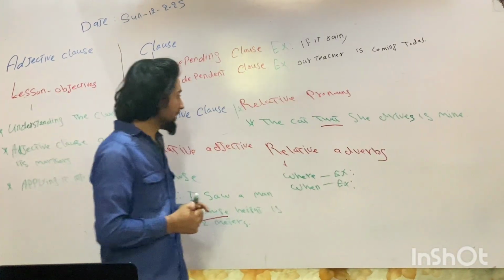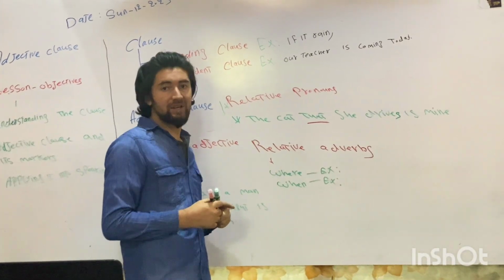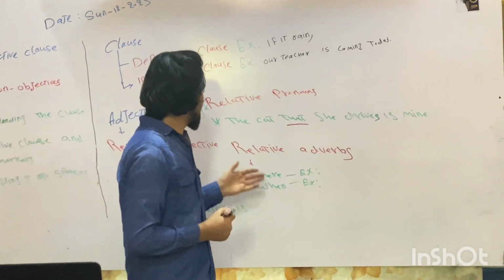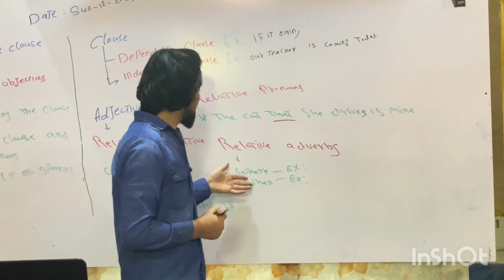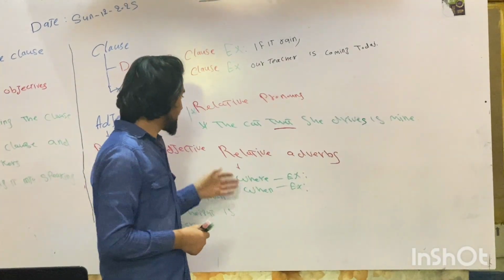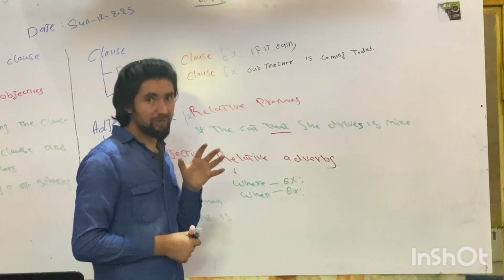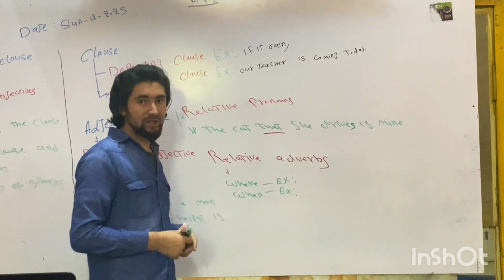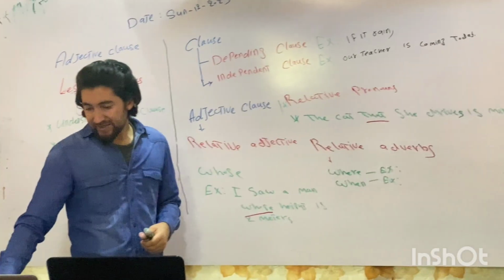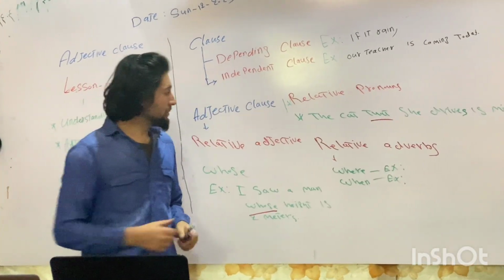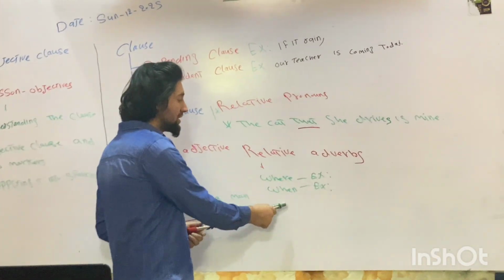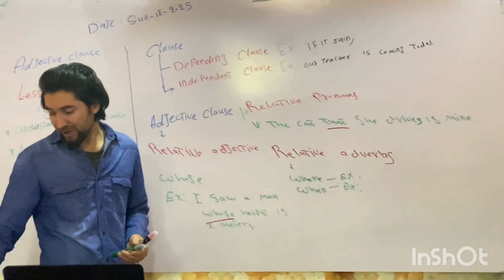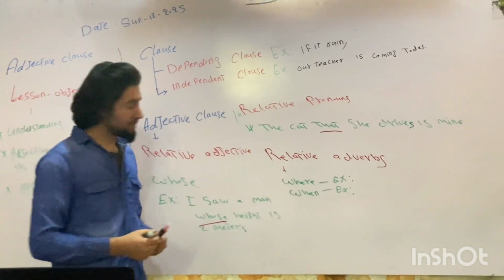Alright, what about relative adverbs and how do they define the adjective clause? We have different types of markers. One is where and another is when. Where refers to a place and when refers to time.